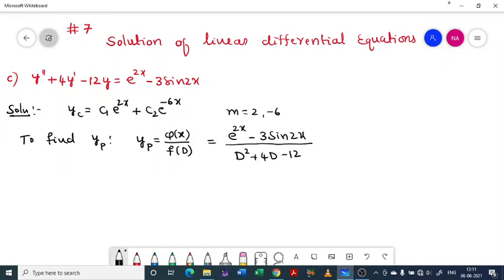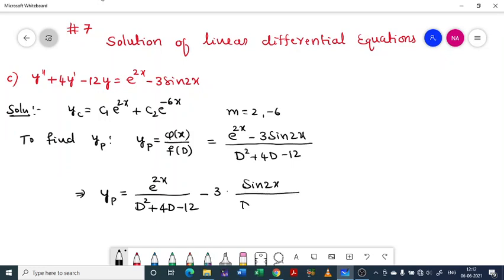Now we have to split the right hand term. So yp will be e power 2x divided by D square plus 4D minus 12, plus, it is minus 3 into sin 2x divided by D square plus 4D minus 12.